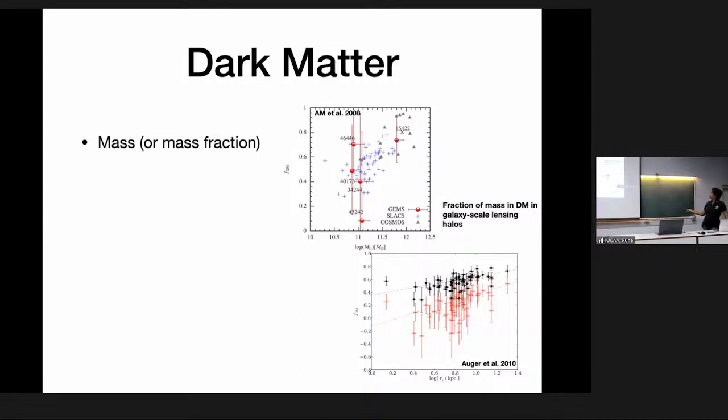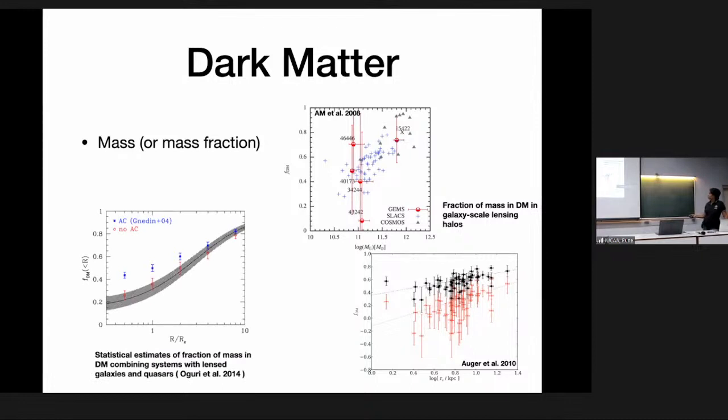Here is another study where it is shown as a function of the radius of the galaxy, as you go outwards from the center, how the dark matter fraction changes in this radial profile. Again, from smaller to larger radial distances, the dark matter fraction is increasing.